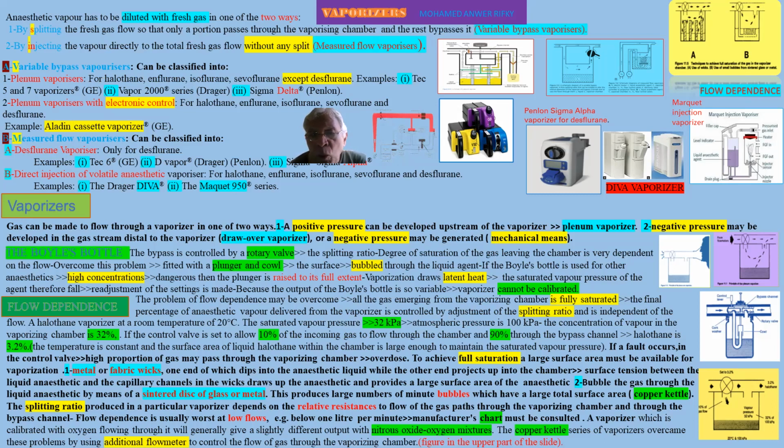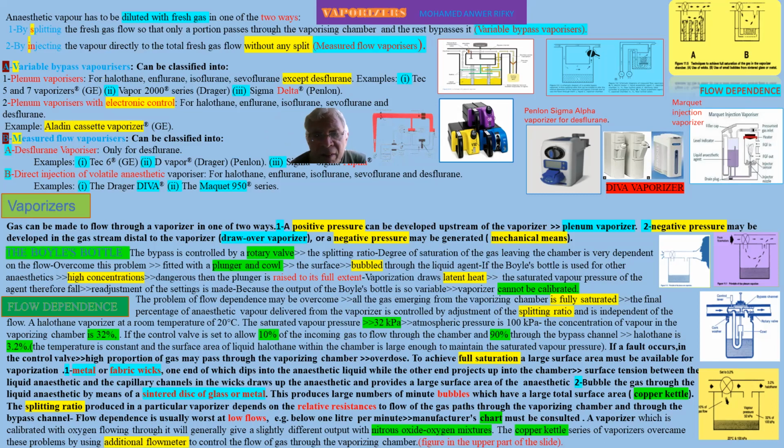So we can increase the surface area of vaporization with what we call a cowl, like the mock worn by the monks. This makes the carrier gas going through the vaporizer close to the liquid anesthetic, causing bubbling. So we are trying to increase the concentration by, of course, the splitting ratio, which is controlled by a knob.